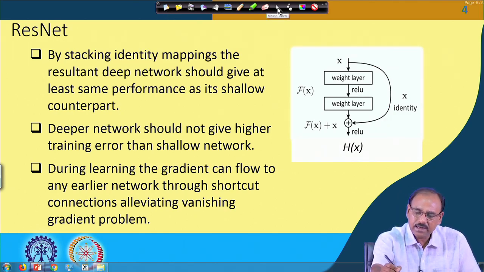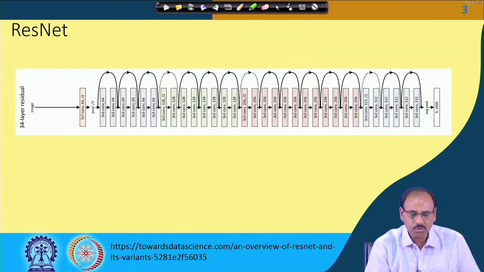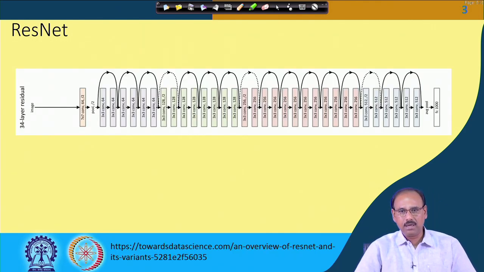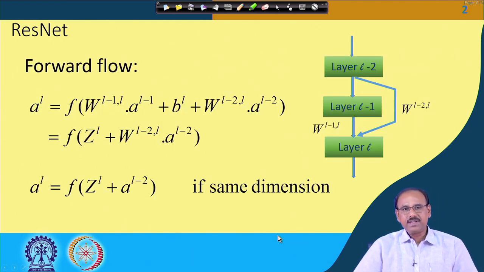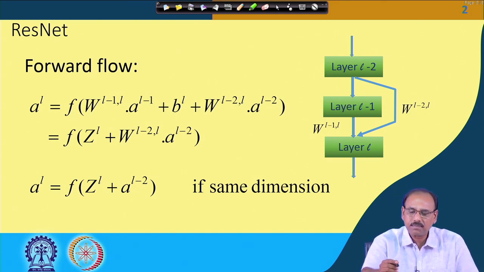So now, given this, let us see how the information flows through this residual neural network. This diagram shows a 34-layer ResNet. Here you find all these bypass connections, shown by the curved arrows, which represent the skip connections that skip a number of layers in between to feed the information to layers ahead. The way this ResNet forwards the information in the forward direction is as follows.